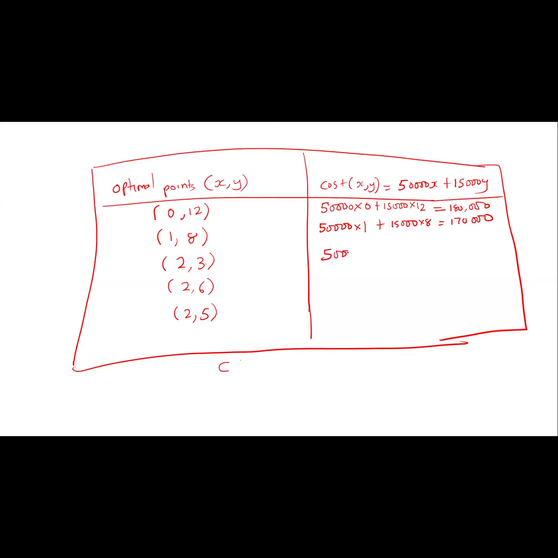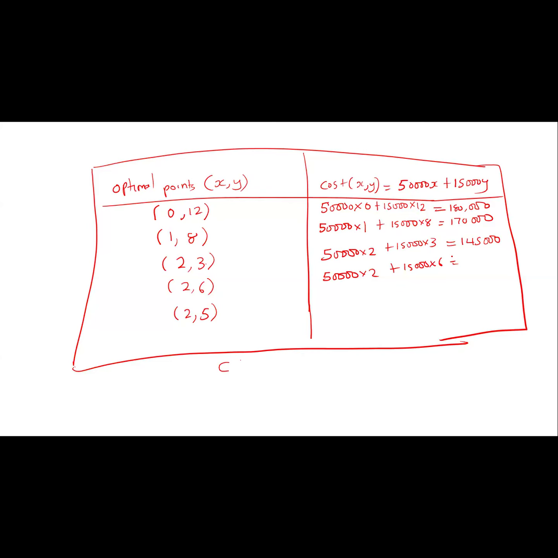Then I go to 2, 3. I say 50,000 times 2 plus 15,000 times 3. The answer is about 145,000. Then I go to the next one: 50,000 times 2 plus 15,000 times 6. I get the answer. I want you to confirm the answers I'm getting, because I might write answers that are not correct.